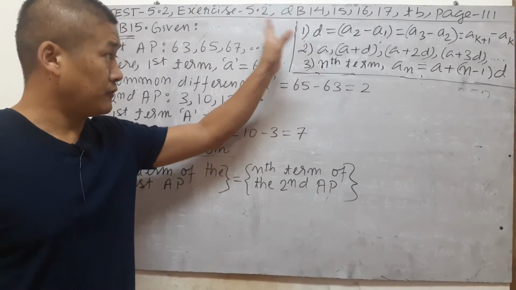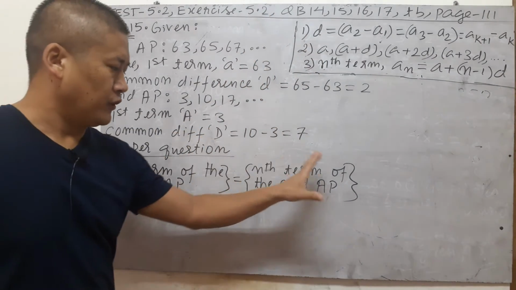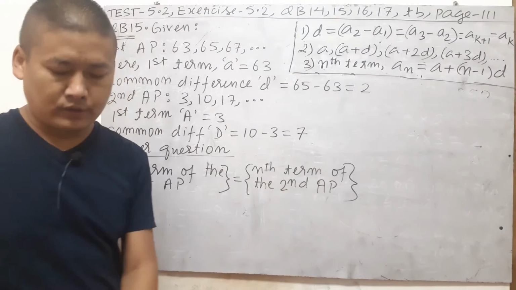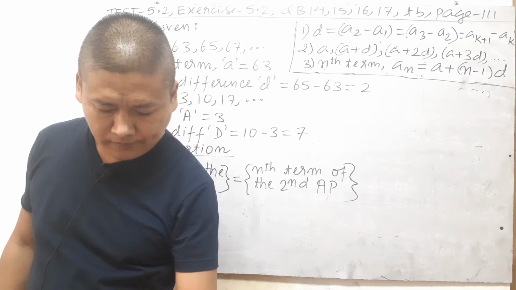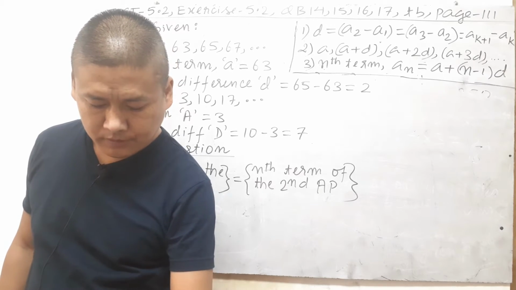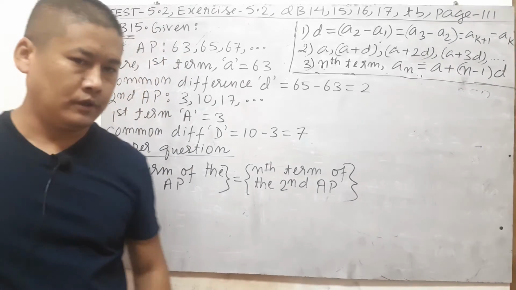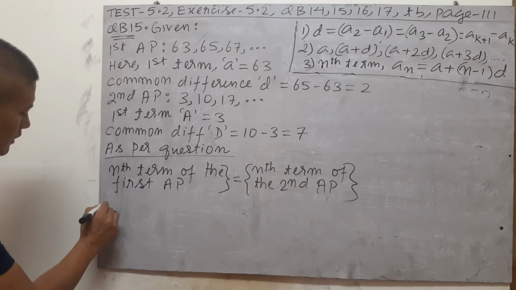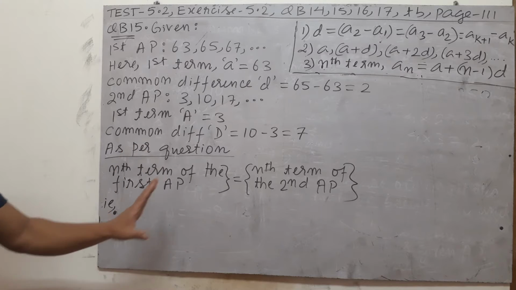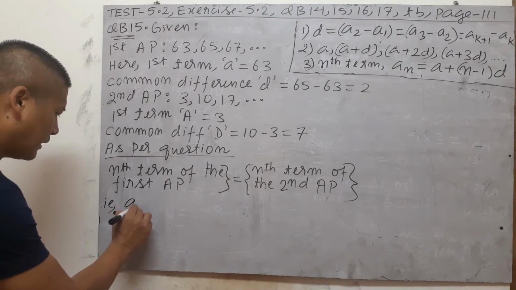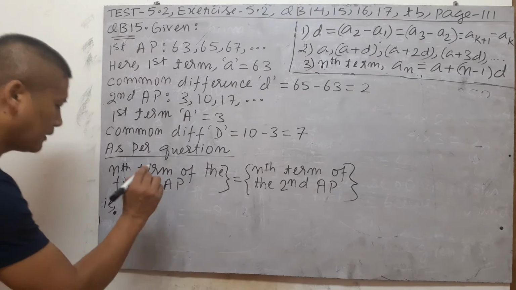So it means the nth term of the first AP and the nth term value of the second AP are exactly equal. The question is saying, for what value of n the nth terms of the two APs are equal, the last word in the question, equal. We know that nth term of any AP is a n.